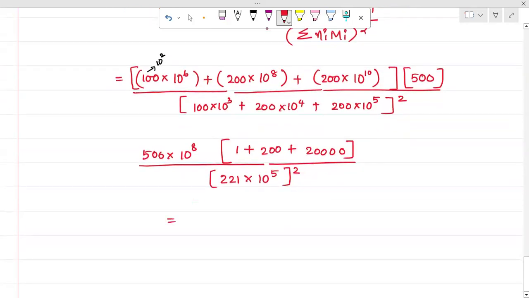Okay. Now, if I take this 500 into 10 to the power 8, and add the terms in the numerator, it's going to be 2021, divided by, and then I have 221 square at the bottom, into 10 to the power 10.